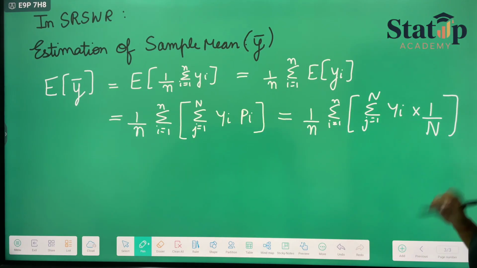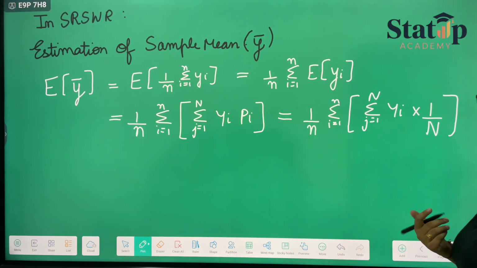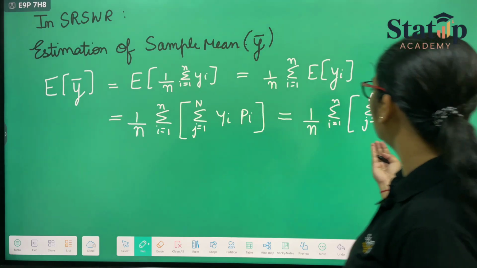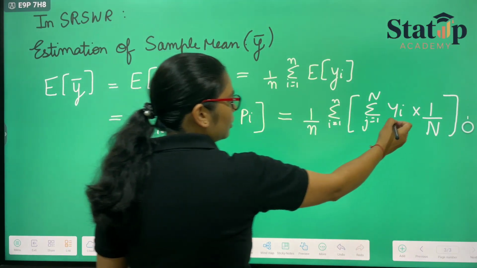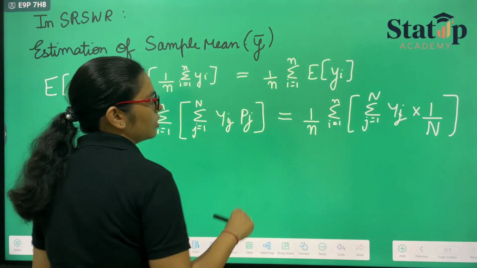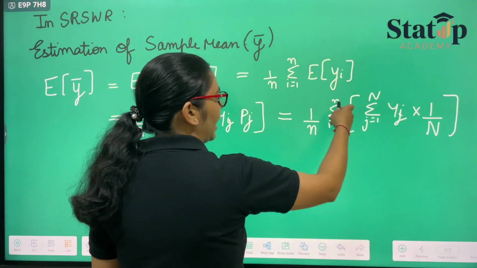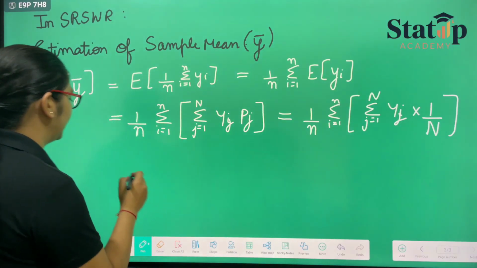This derivation we have done yesterday in yesterday's lecture. If you have confusion, then you can rewatch that lecture video. So now here, sorry, it is j. These are j. Here there is no i term, so I can write the summation directly.